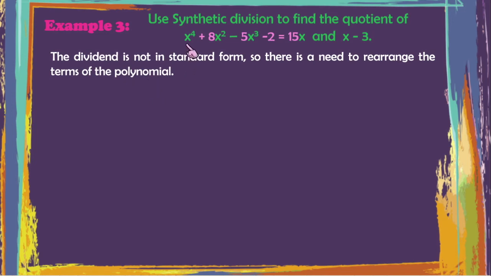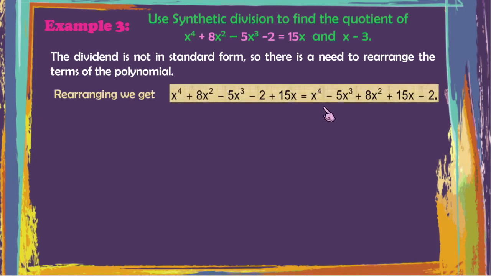Now notice that the dividend here is not in standard form. So there's a need for us to rearrange the terms of the polynomial. So rearranging, we will have x to the fourth minus 5x cubed plus 8x squared plus 15x minus 2.